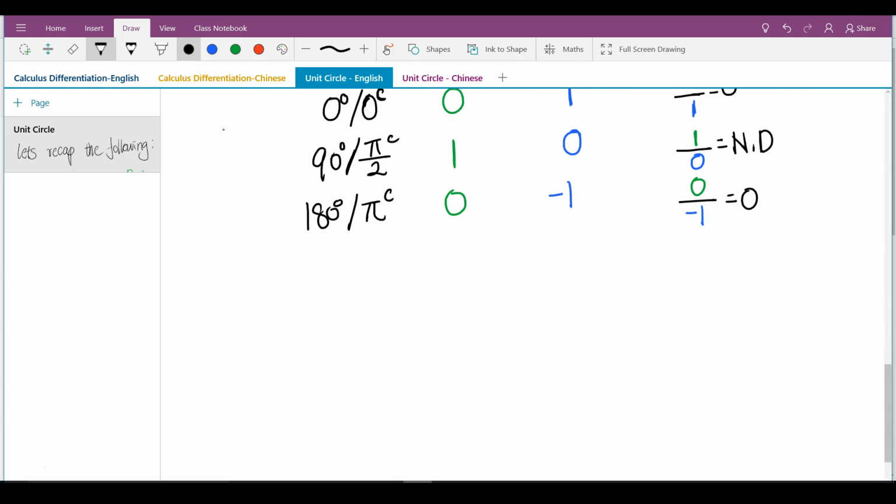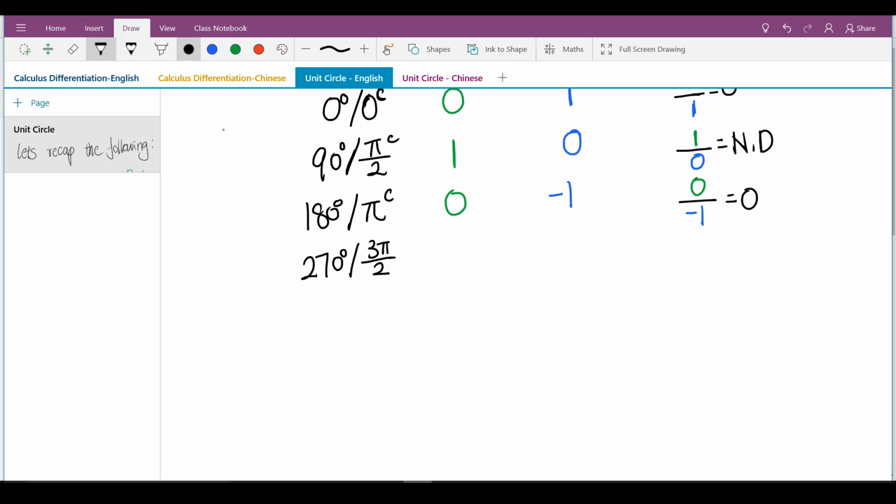So at 270 degrees, that would be 3 pi over 2. Now, how I got that is just, I know that pi is 180 and pi over 2 is 90. So 270 is just 90 plus 180, right? So it's just pi over 2 plus pi, and that's 3 pi over 2. That's it. That's how you calculate it.